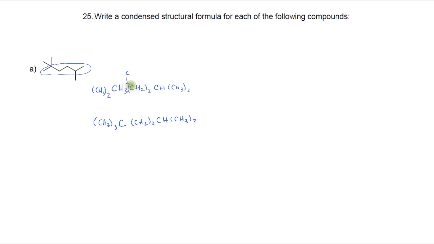So this one on top here should be CH3, 2, the CH3, a C, CH2, 2 of those, CH, and then CH3, 2. So there are two ways of writing the condensed structural formula.